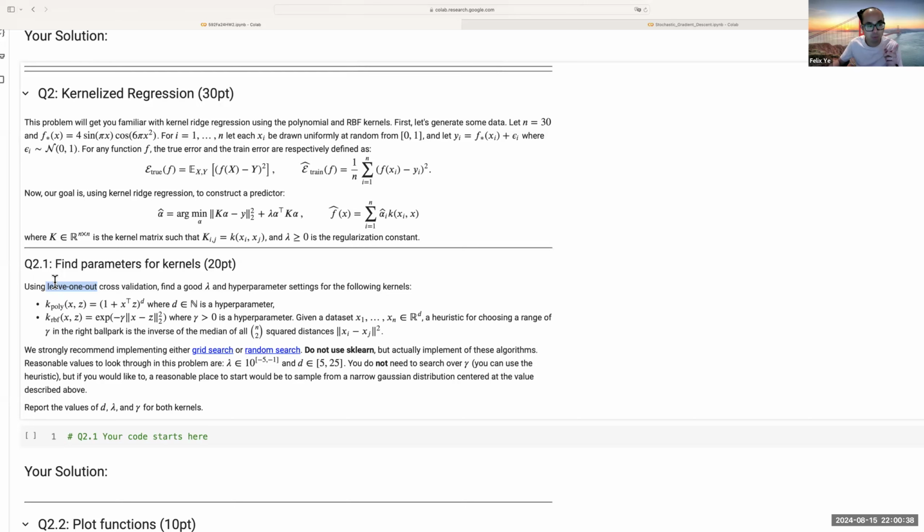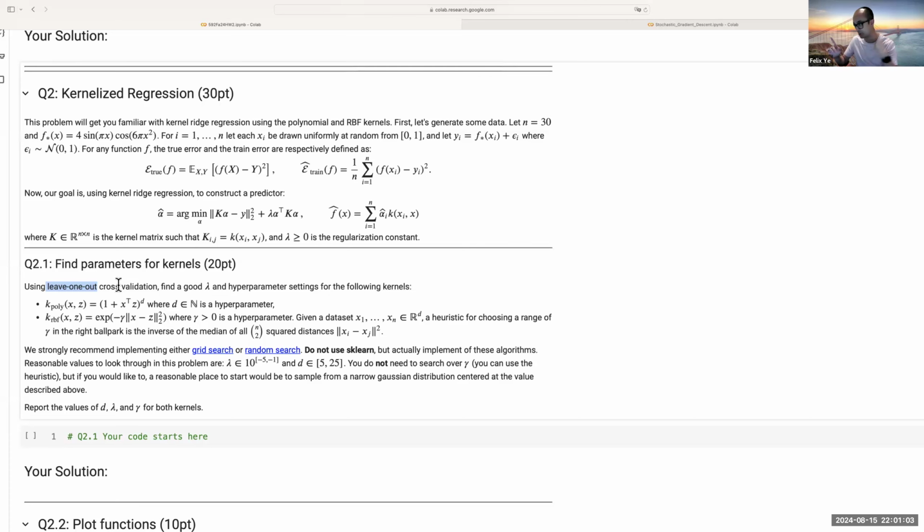So leave-one-out cross-validation is the case where k is equal to n. Here n is 30, so you choose k equal to 30. That means you use 29 points to train and leave one out to test.